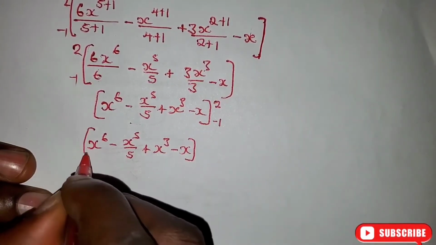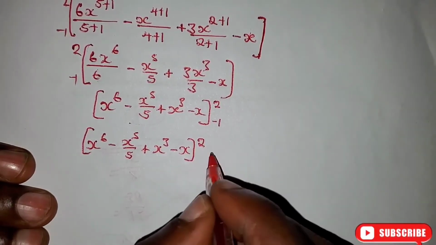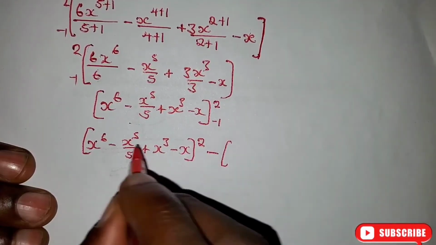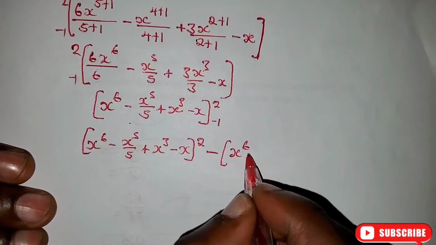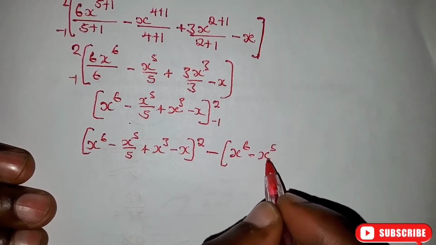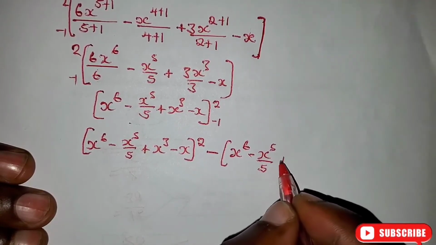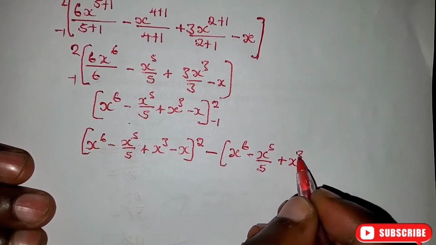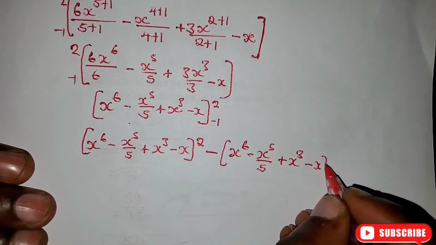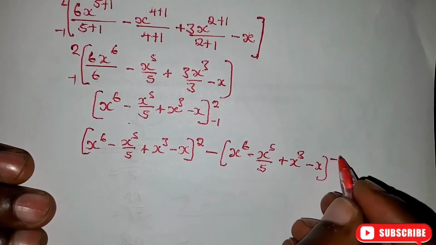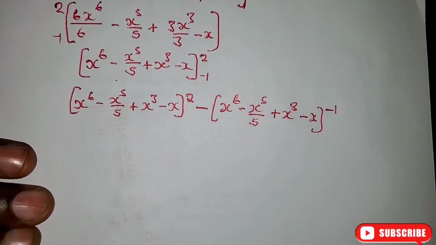Then minus the same expression, x to the power 6 minus x to the power 5 over 5 plus x to the power 3 minus x, where we substitute negative 1 wherever there is x.